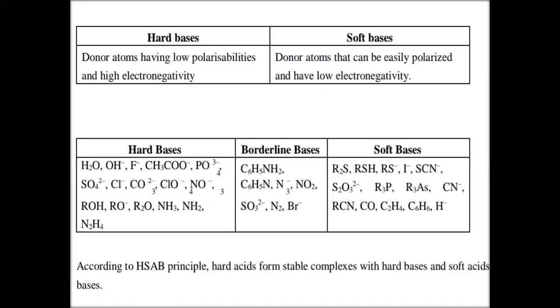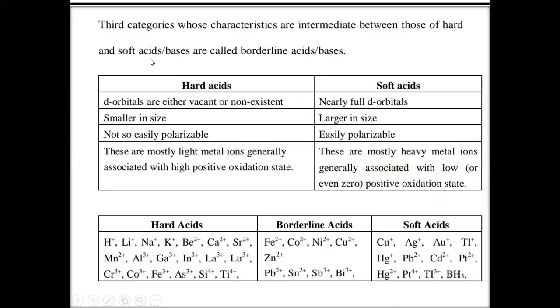Now let us have a look at the bases. What are the characteristics of these bases? So, hard bases and soft bases. As we have discussed, these are the donor atoms, and here the acids are the acceptors.